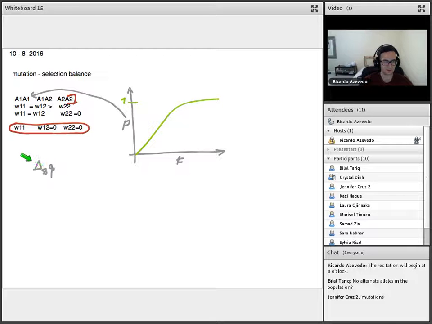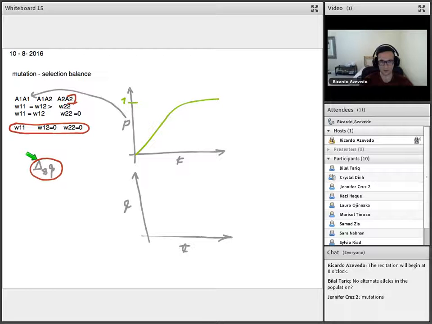But you see the point. So over time, the allele frequency of Q should decrease like this. If we were to plot Q over time, it should decrease according to this slope. This is the rate at which we're going to have a decline.